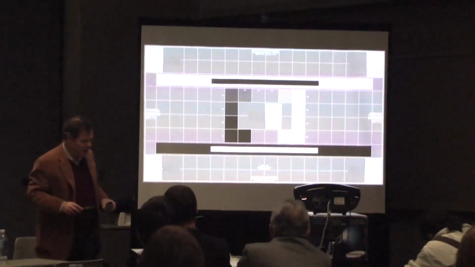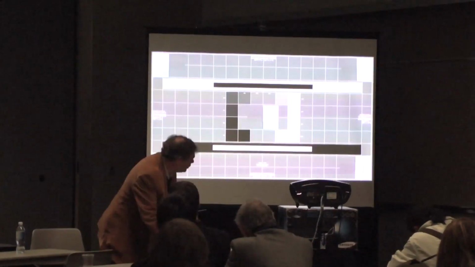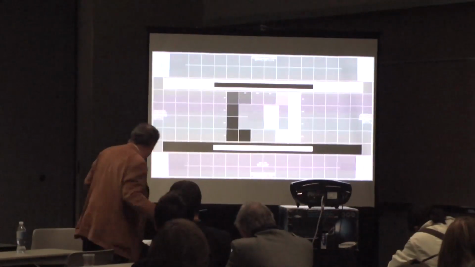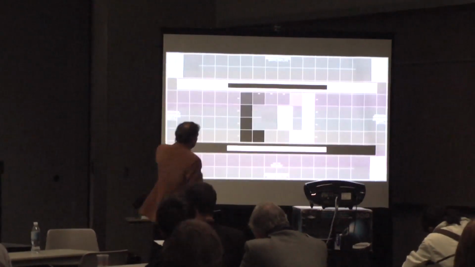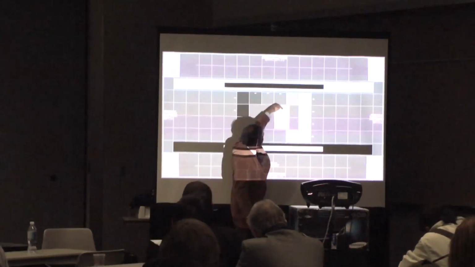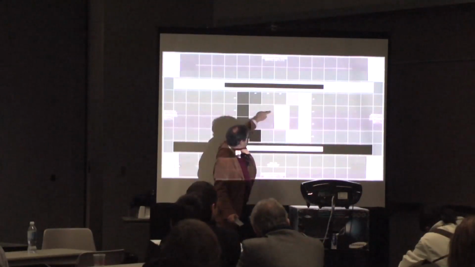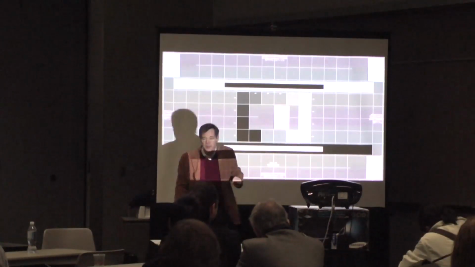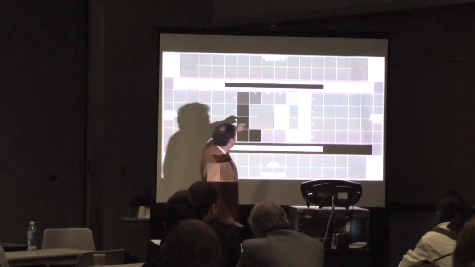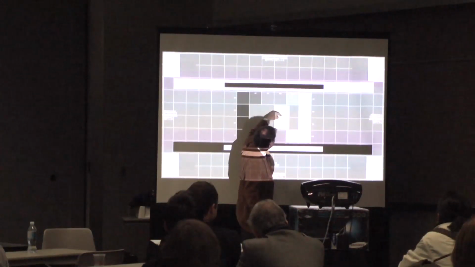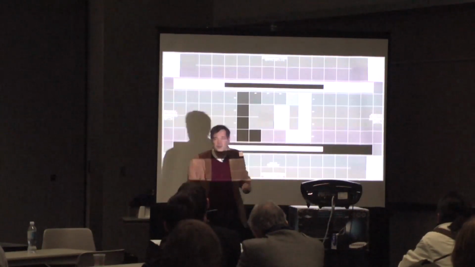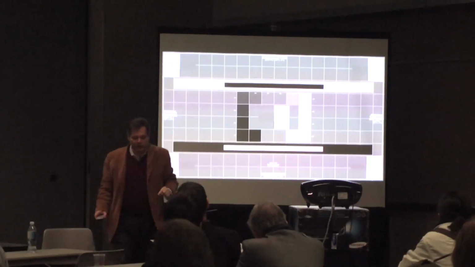Anyway, the next test pattern that we're concerned with is one that shows individual horizontal resolution and vertical resolution. So these are single pixel transitions in the horizontal direction, and these are single pixel transitions in the vertical direction.